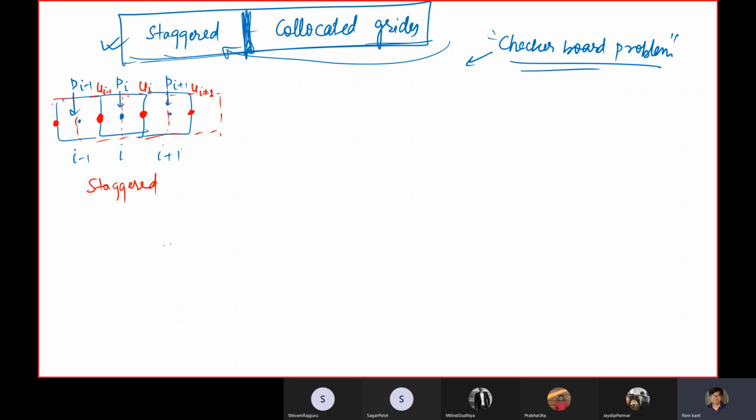Okay, the reason why I am doing this: if you store your pressure and velocity at similar grid points, that makes no sense.